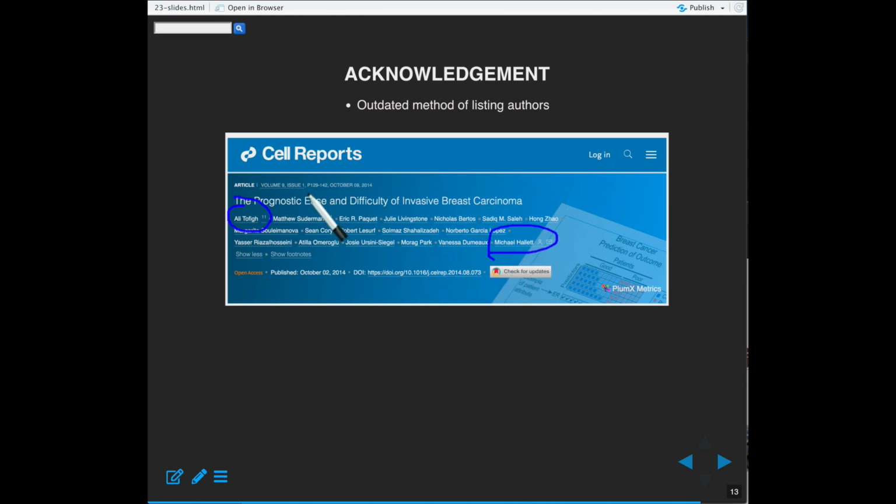This is a paper from 2014, but I just want to point out that it's kind of insane that the 15 or so researchers here have to be linearly ordered. It's completely not true. Many of us made contributions that were really critical, and I'm not sure that one person is more important than the other.